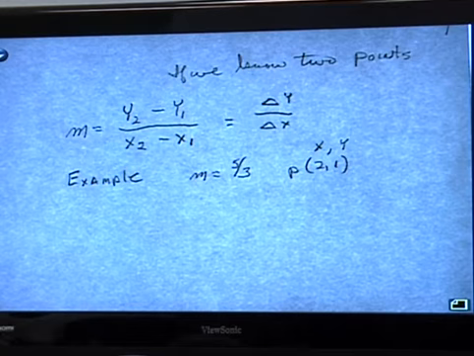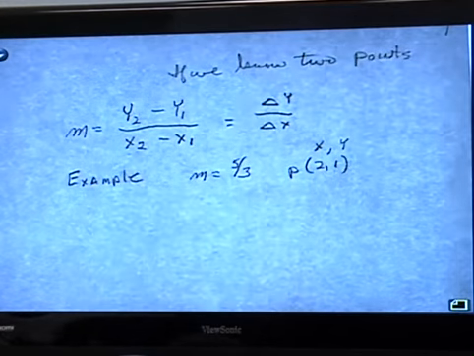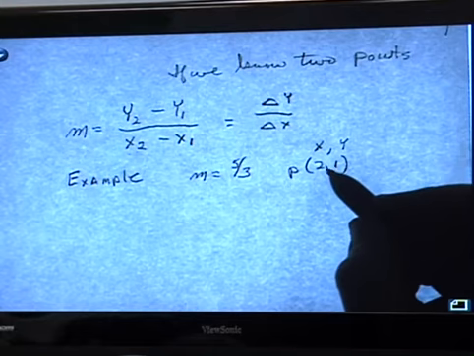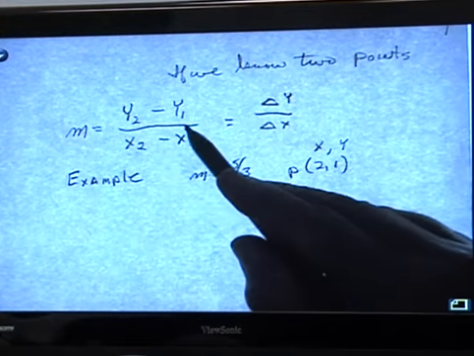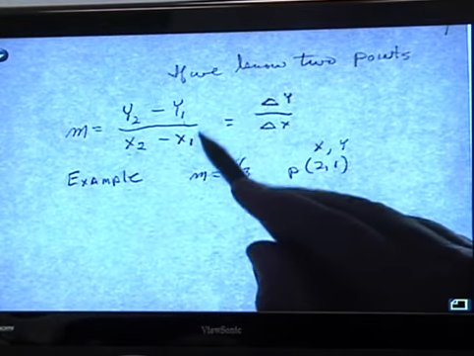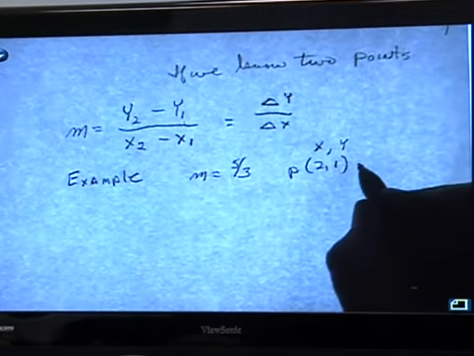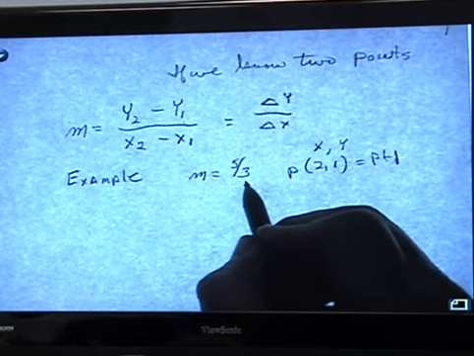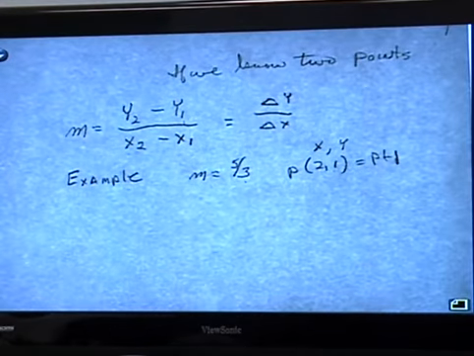So we can go back to our original formula for the slope, and we can substitute this point in for the point values for 1. We'll call this point 1. And we can substitute this in for the slope.